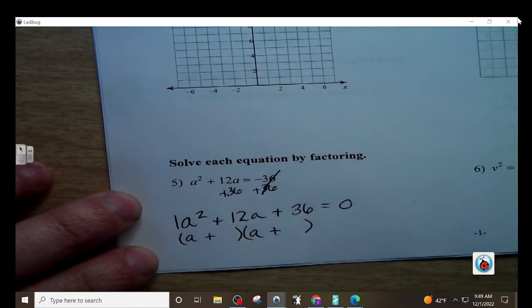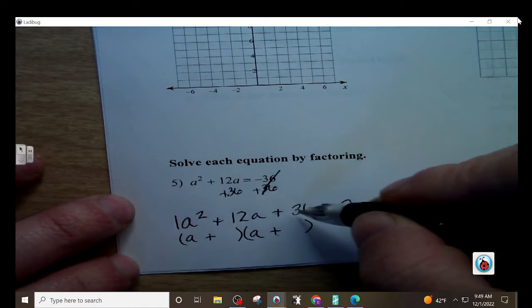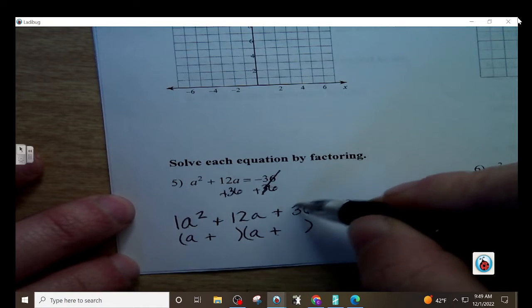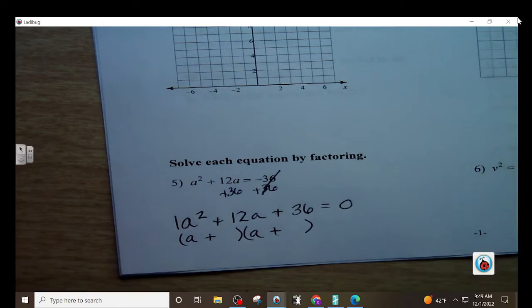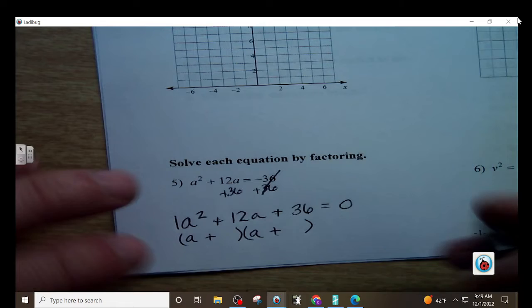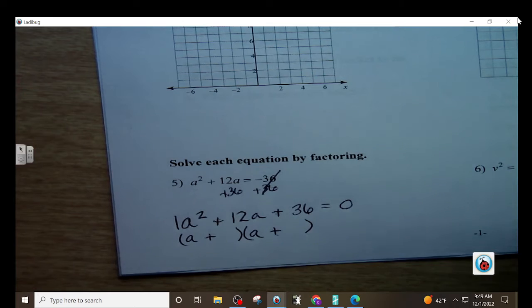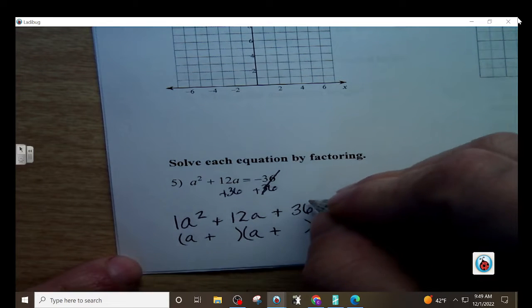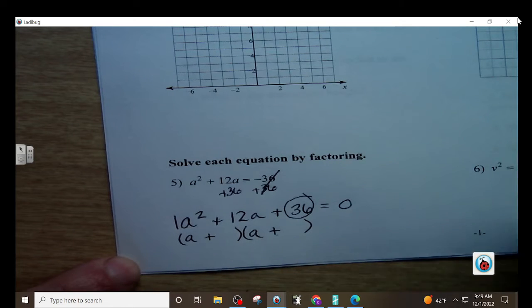And guys, remember the reason for that: the two numbers have to multiply to give you this C value. With that being a positive number, they've got to have the same signs, a positive and a positive, or a negative and a negative when you multiply. Well, in order to get a positive number when we add, they had to be positive. All right? Now, I need two numbers that do what to give me this number? Multiply.